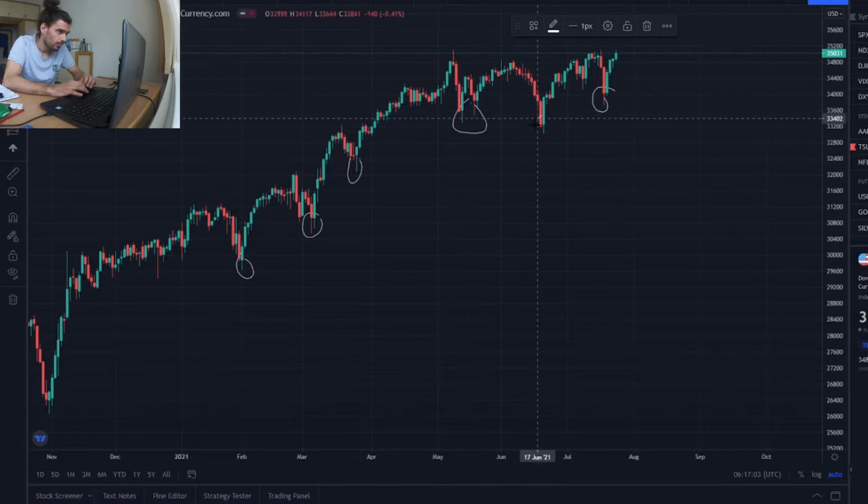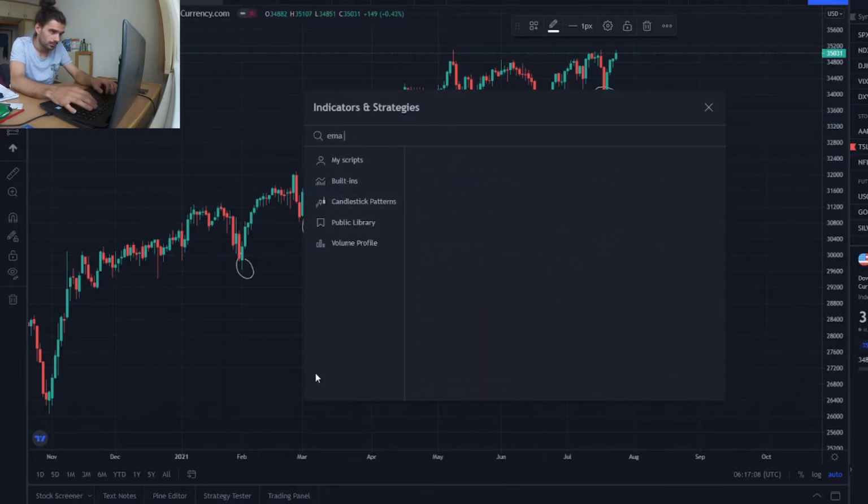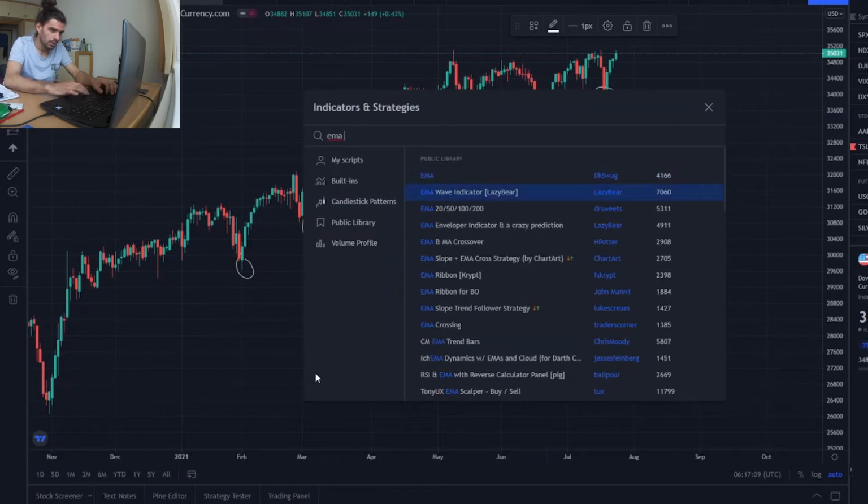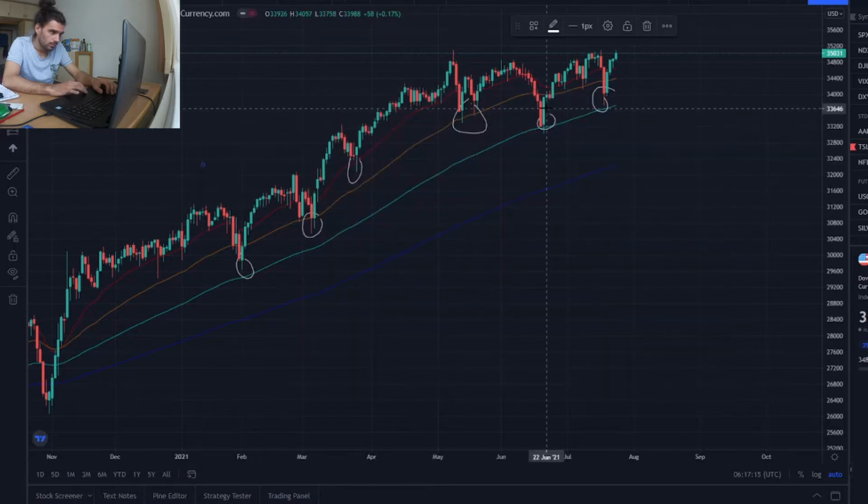If you take a look at the EMA, most of the time it comes down to retest a specific moving average.